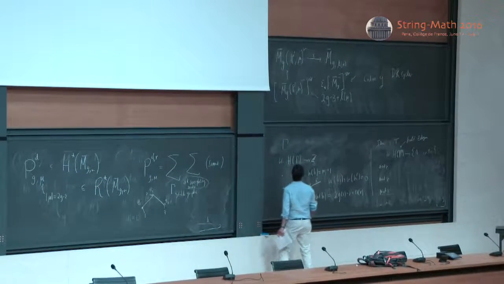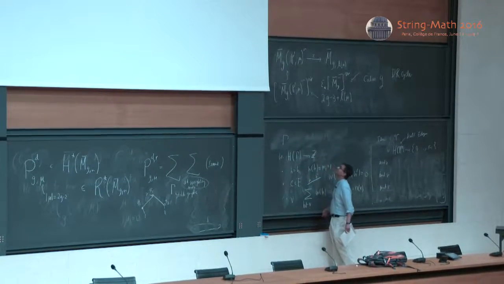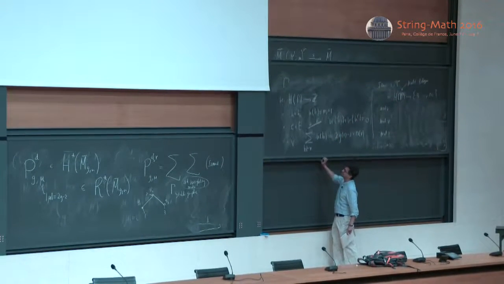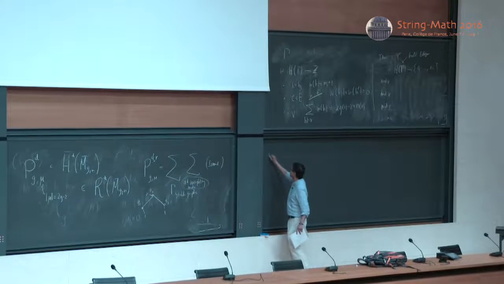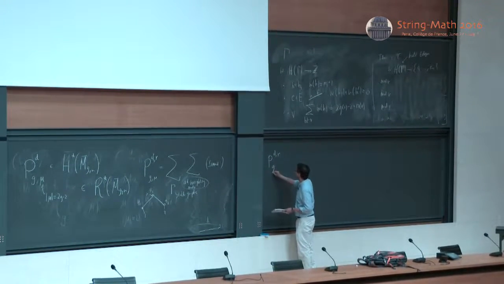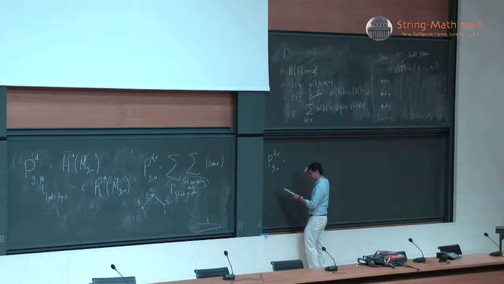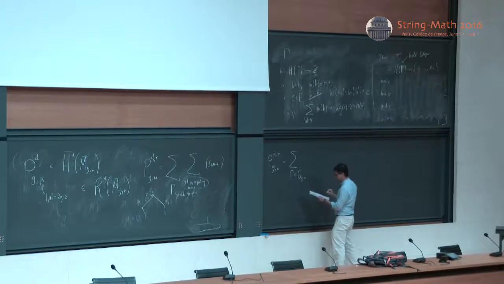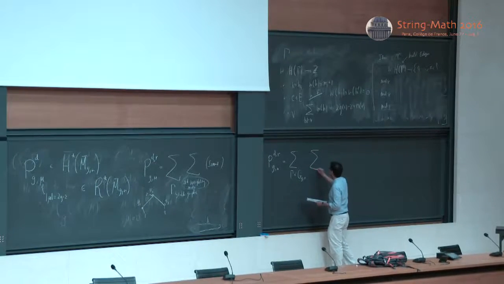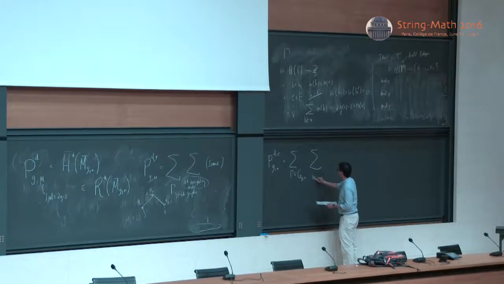So we can write a formula, or I could say Aaron can write a formula. And that formula I now write. P d r g mu is the sum over all the stable graphs, this is the set of stable graphs, and then the sum over all of the admissible weightings of this graph mod r.